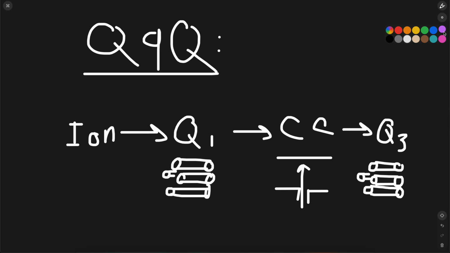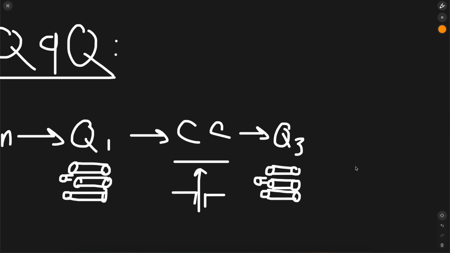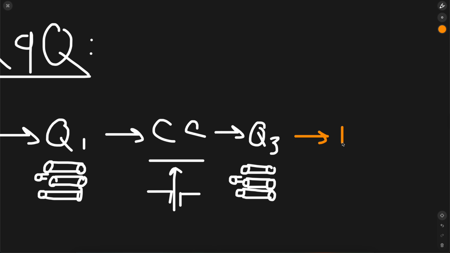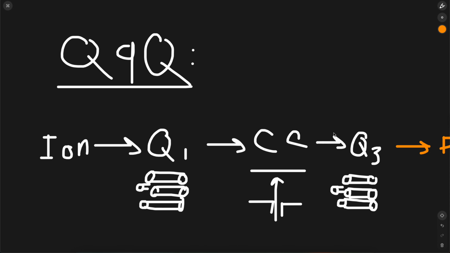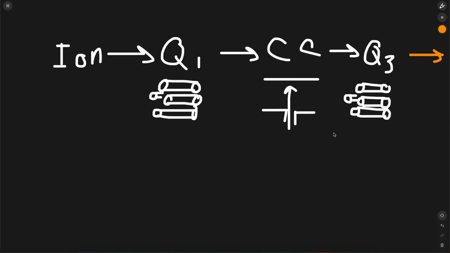We have soft ions coming through. It selects out for only one of the soft ions. It fragments that in the collision cell, and then it moves through another quadrupole system. And then, of course, you reach the detector. So that's the QQQ setup.